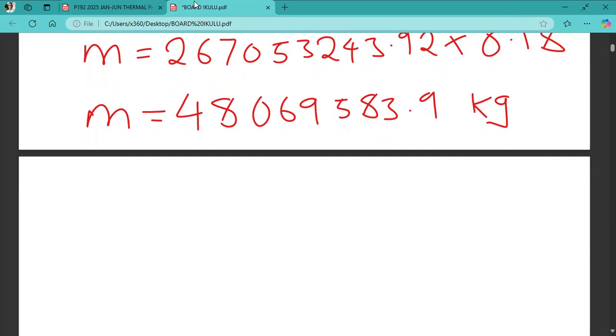With 48,069,583.9 kg, I multiply this by 1000 to convert it into grams, and I'm going to get something bigger.